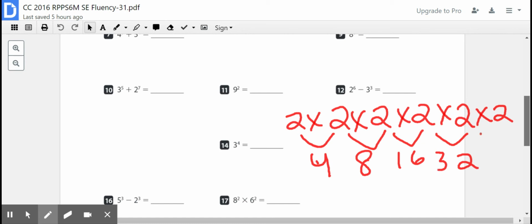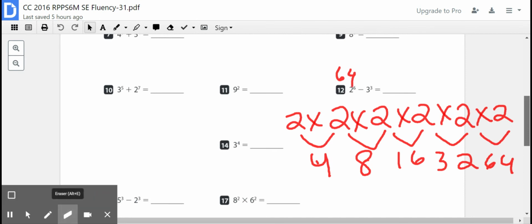And then 32 times 2 is going to be 64. So 2 to the 6th power is going to equal 64.